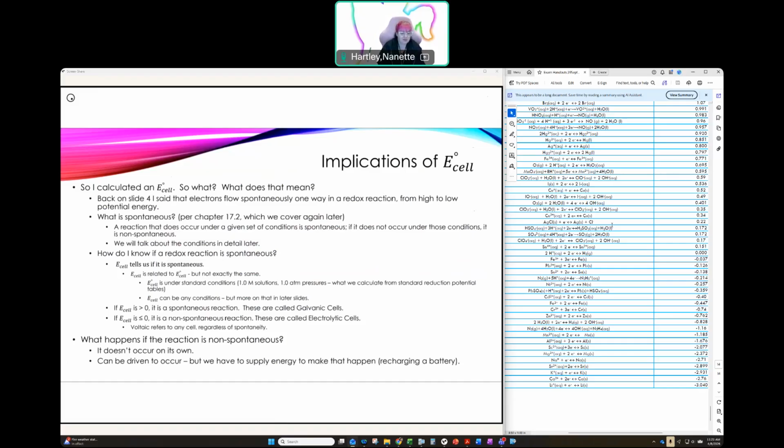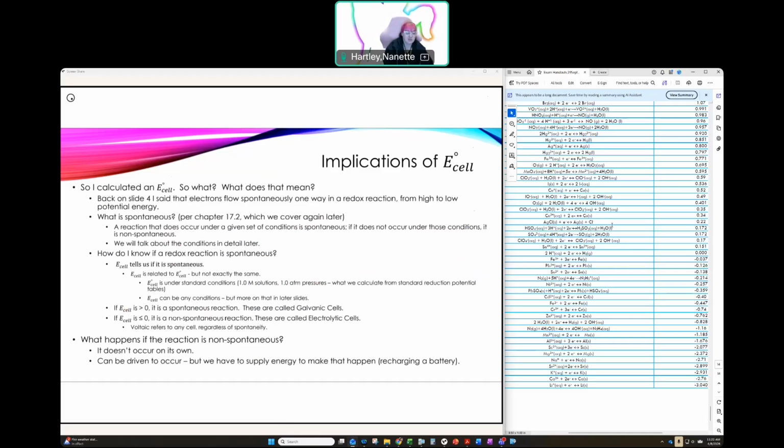So the E for the cell is not exactly the same as the E naught for the cell. Okay, it's close. When this thing is missing the little zero right there, that means it's a non-standard condition. So it may not be 1 atmosphere, one molar for everything in the universe. That may not be the case that we're looking at.